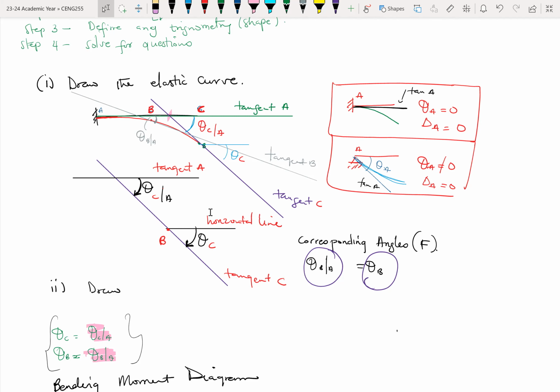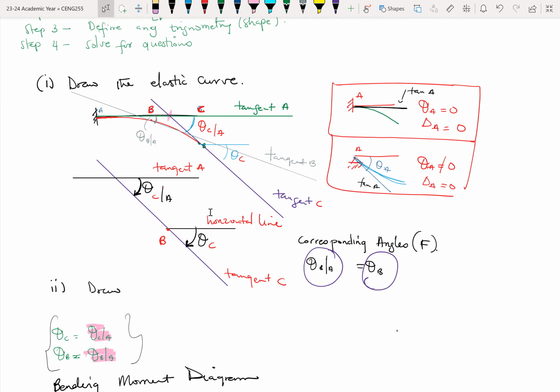The fixed point is point A. So let's look at it this way. There are 3 points, A, B, and C, and each point is of interest to us. So for all these 3 points, we are drawing their tangents. It so happens that point A does not undergo any rotation, or even deflection, because point A is a fixed point. So because of that, the tangent at A will always be a horizontal line. So for fixed supports, their tangents are always horizontal.